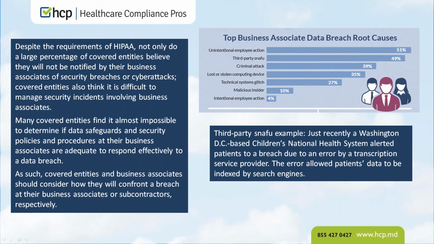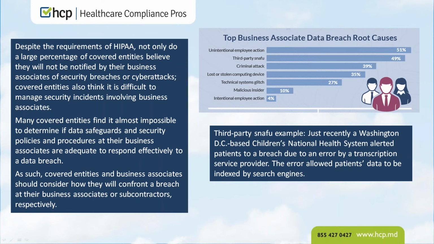But just to show you an example of a third-party snafu, it was recently reported that the Washington, D.C.-based Children's National Health System alerted patients to a breach that occurred, and it was due to an error by the transcription service provider. It does look like they did have a BA agreement in place.